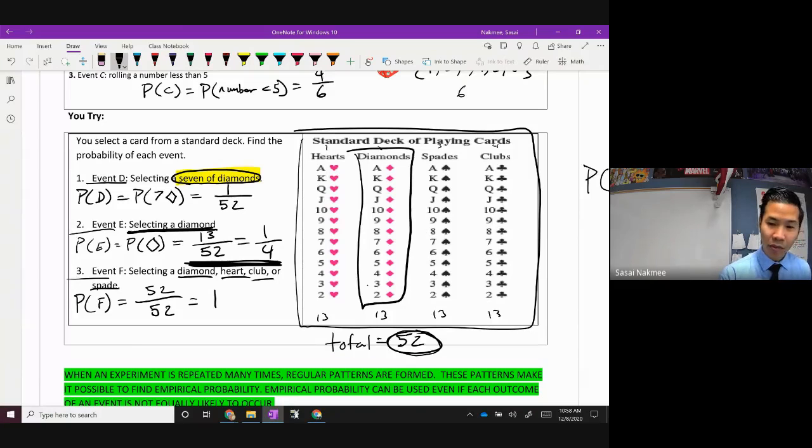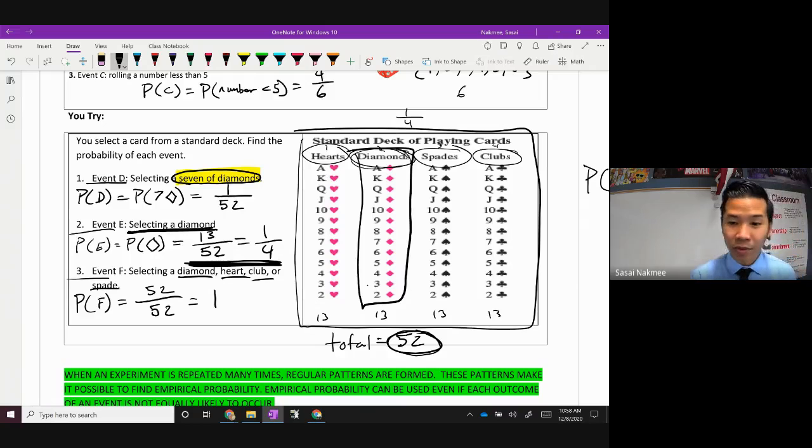But the reason why I had 1/4 written down earlier was that if you look at the number of suits there are, 1, 2, 3, 4 suits. And out of the 4 suits, if you select a diamond, it's technically one of the 4 possible suits, which happens to be the same answer that we get if we simplify the 13 out of the 52. I just wanted to show you that that's an interesting little connection.